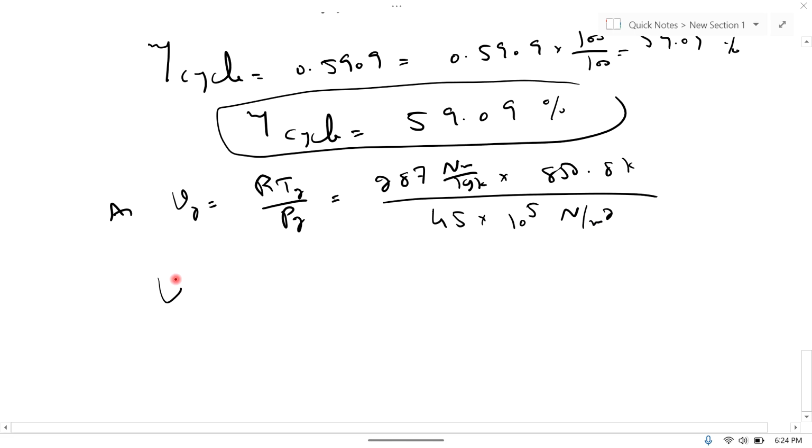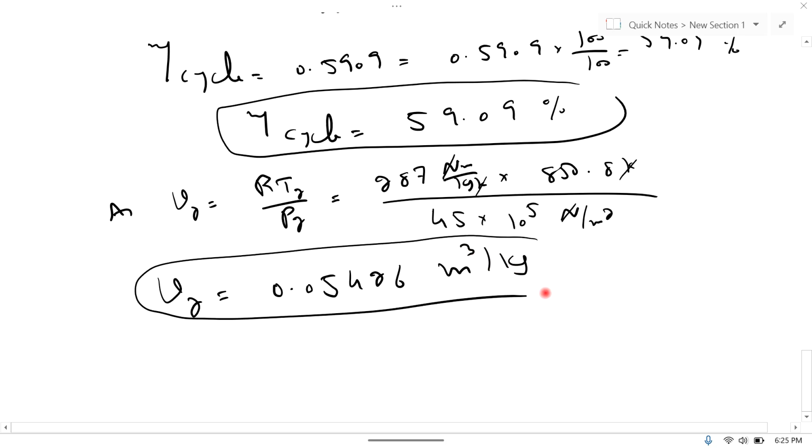So V2 is equal to 287 multiplied by 850.8 divided by 45 multiplied by 10 power 5, which is equal to 0.05426. Newton will be cancelled with Newton, Kelvin with Kelvin, and the meter square and double division will be in the numerator.